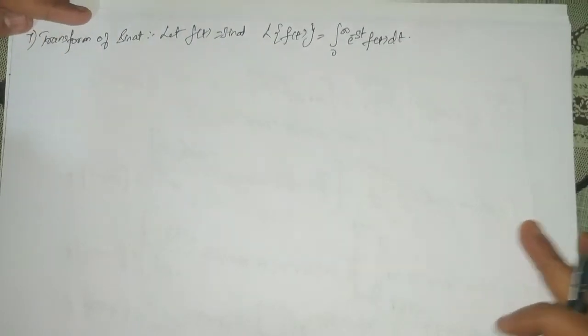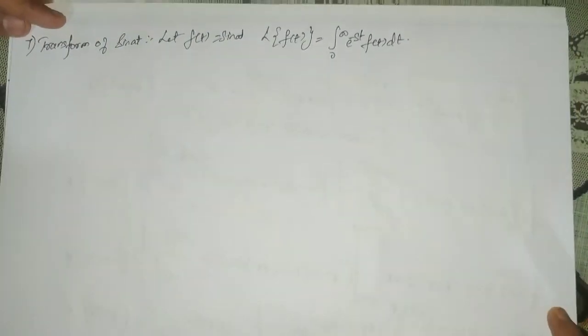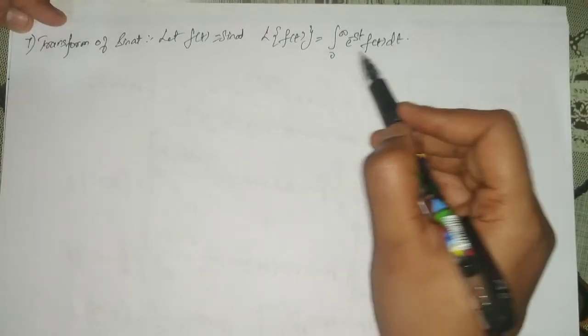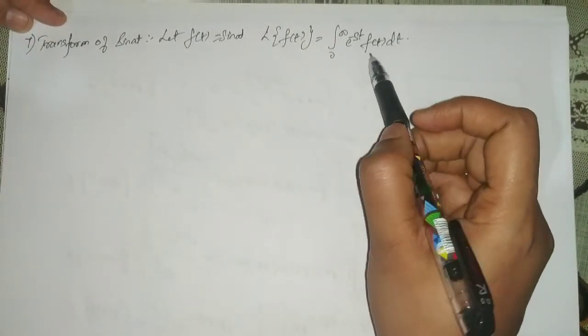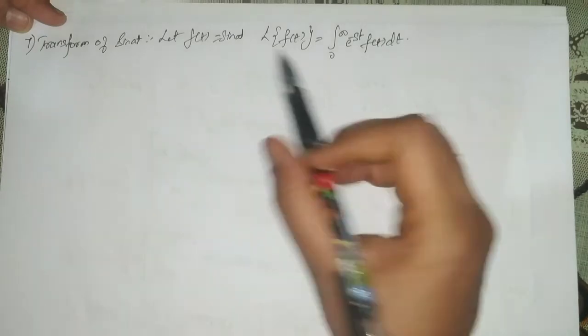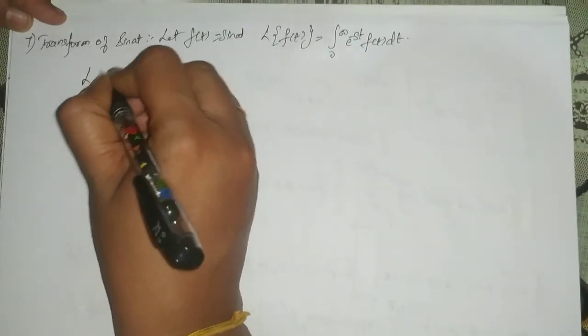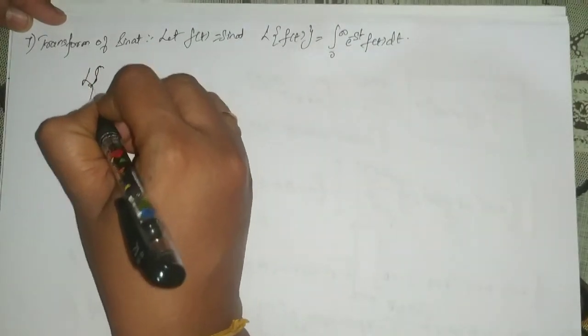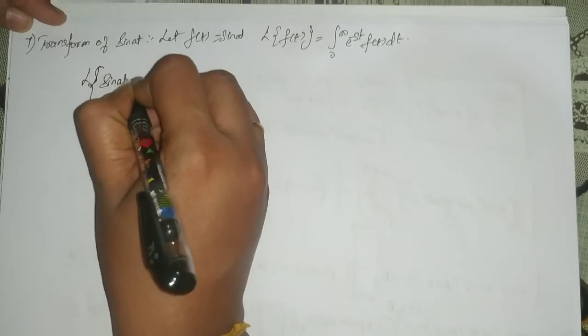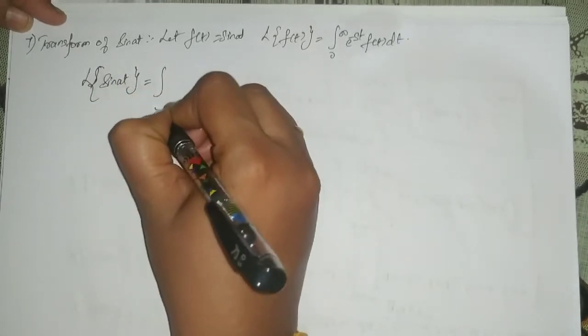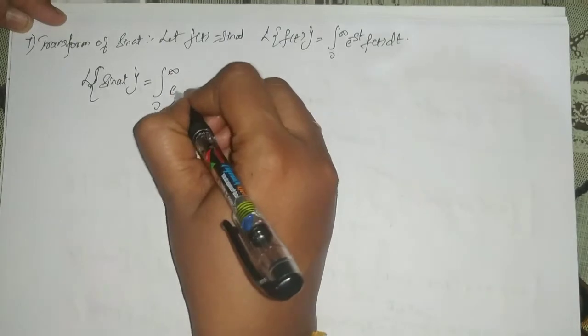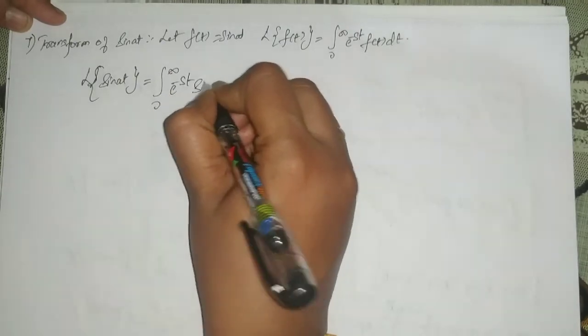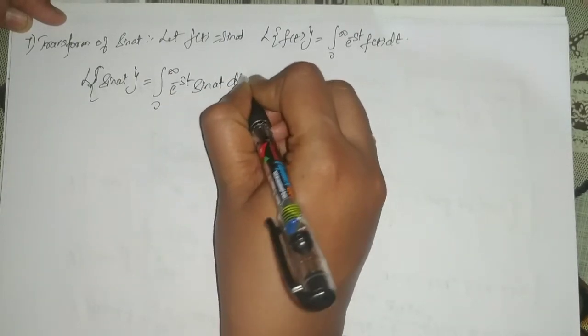After writing the formula of Laplace transform, wherever f of t is there, replace it by the function sin at. Laplace transform of sin at is equal to integral 0 to infinity e power minus st sin at into dt.